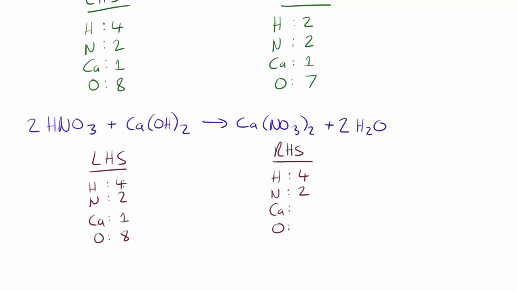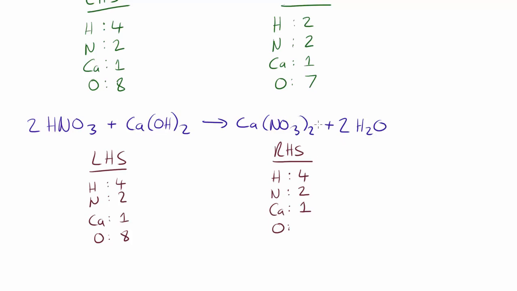And you can already see this is just balanced effectively on the first 2. For calcium, we only have 1, and so that's going to be a 1, right? And for oxygen, we put the 2 in front of the H₂O, so that's going to be 2 times 1, which is going to be 2.